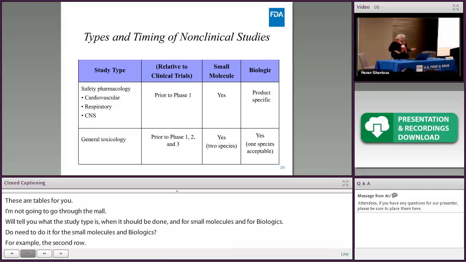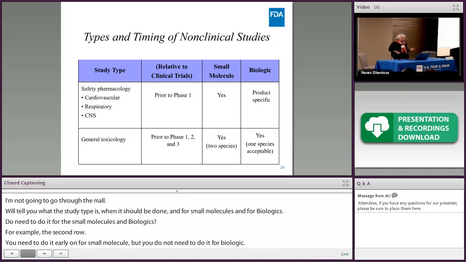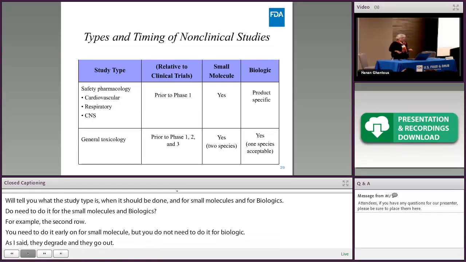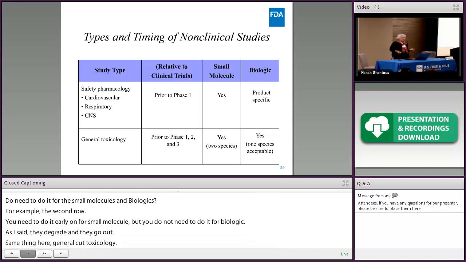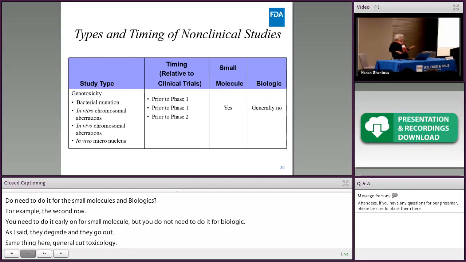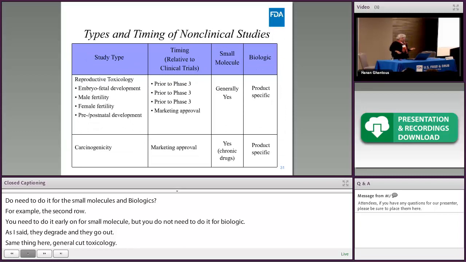Same thing here, general toxicology. General toxicology is the multi-dose study in animals, done before dose 1, 2, and 3, and you need to do 2 species for small molecules. For biologics, most of the time it's 1 species because that's the relevant species, and so on. So this is all information for you.